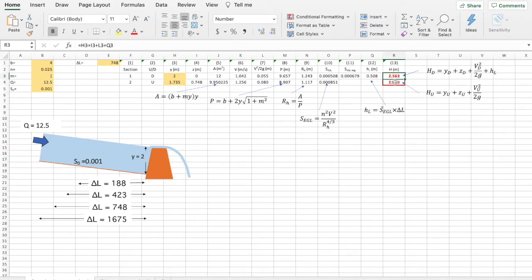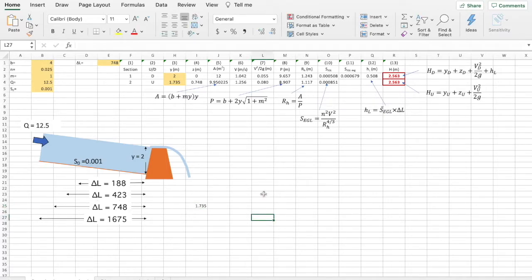Now the total energy head at downstream is the same as at upstream. So when delta L equals 748 meters, the water depth should be 1.735.